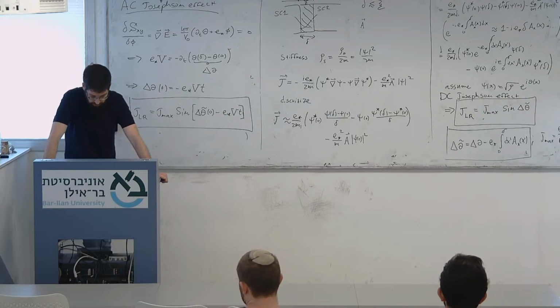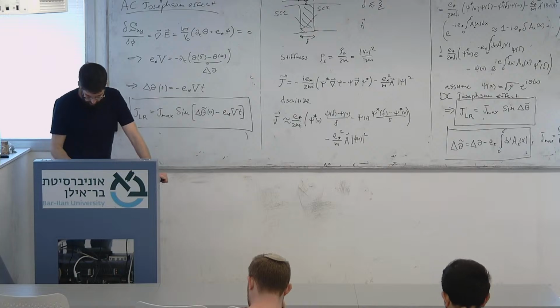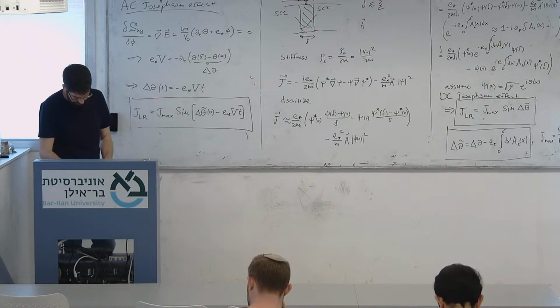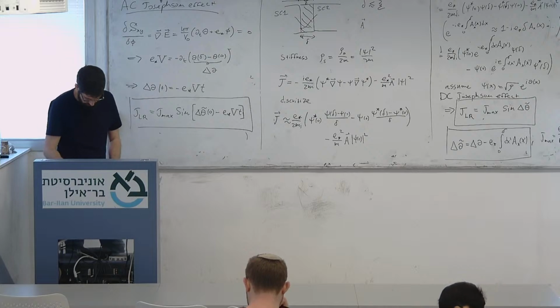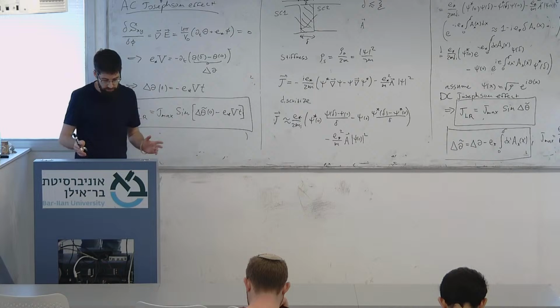The power is I times V. Okay, good. Okay, so this is the Josephson effect.